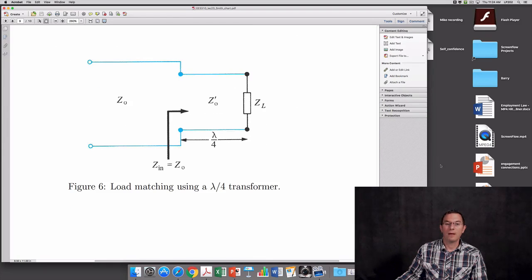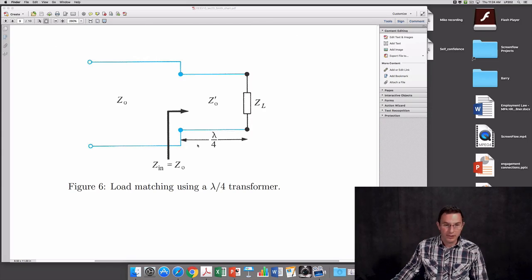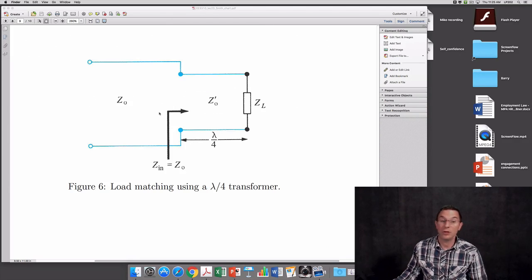If you place a quarter wavelength transmission line right in front of your load that has a very specific characteristic impedance Z naught prime, this Z naught prime is not going to be equal to the characteristic impedance of the line that you're trying to match.